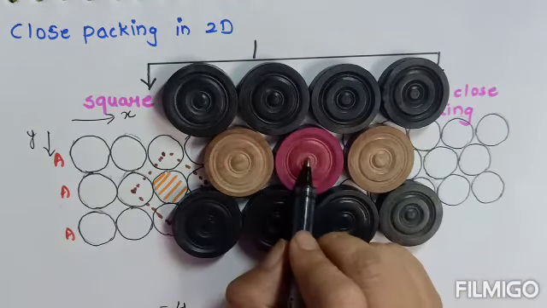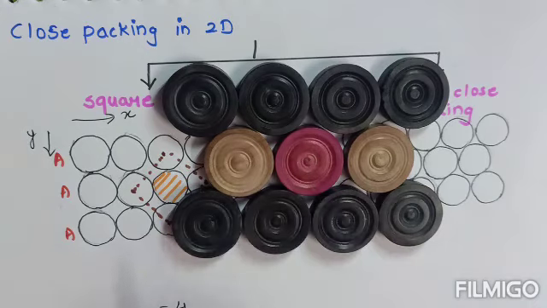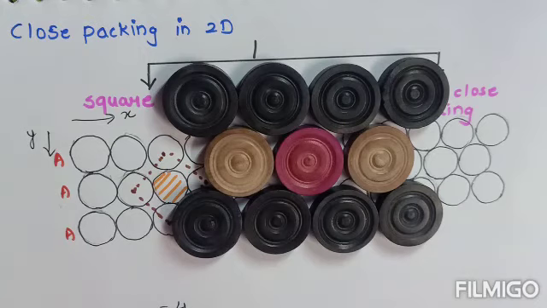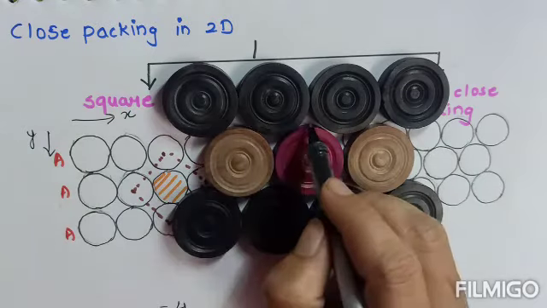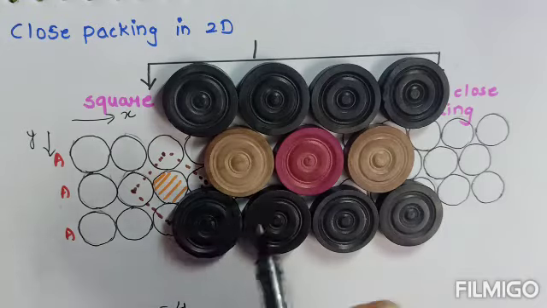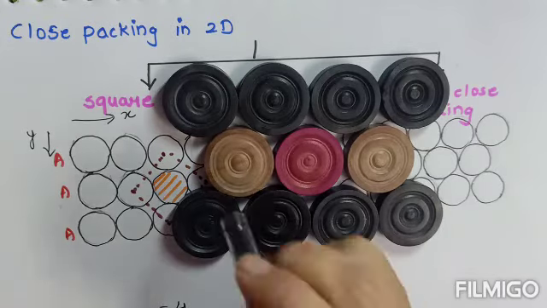If I consider any one constituent particle, it is in contact with 1, 2, 3, 4, 5 and 6 neighboring particles, and therefore the name of this arrangement is hexagonal close packing. Now if you observe carefully, you can see some spaces, which we call voids, and they are of two types. They are triangle shaped.